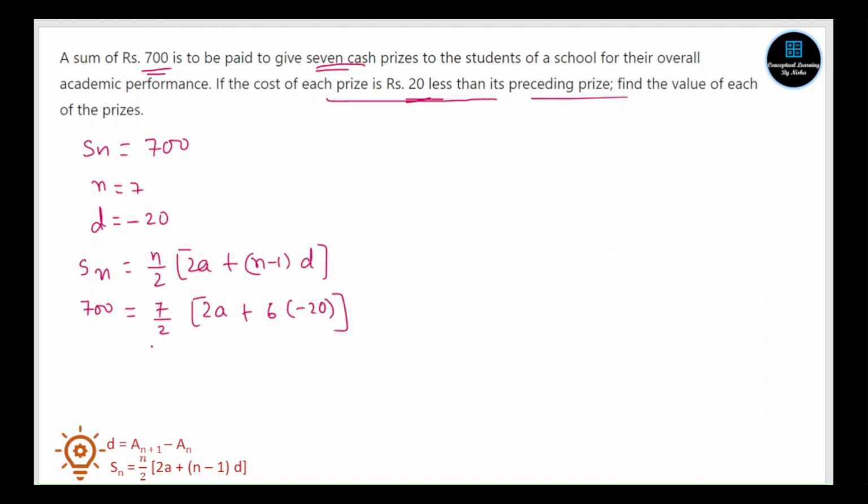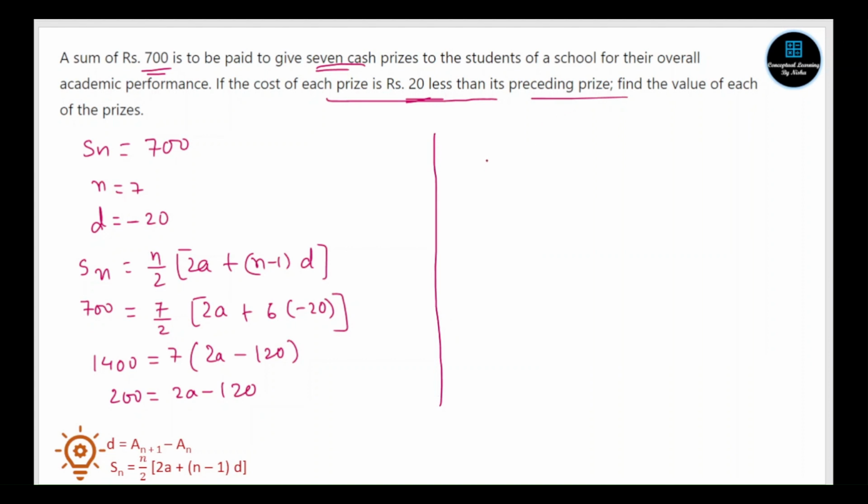Now on simplifying this, what do we get? 1400 equals 7 into (2a minus 120). Again, I can divide by 7 first. So I'll get 200 equals 2a minus 120, and I'll simplify.